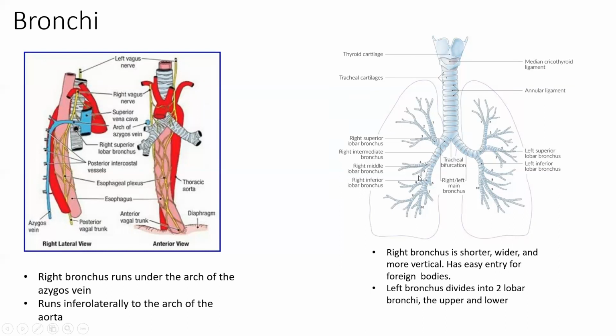It finally divides further into 10 segmental bronchi, and it further divides until you reach bronchioles and then alveoli. They also run under the arch of the azygos vein. So this runs under the arch of this azygos vein.